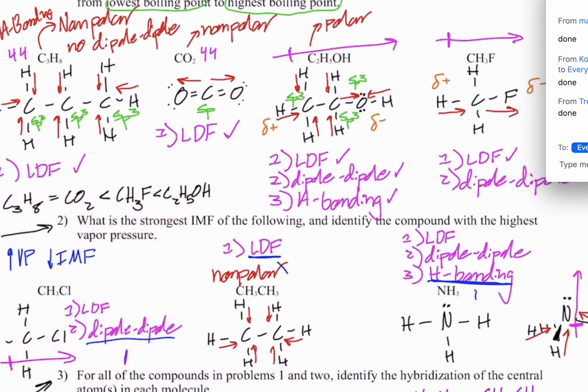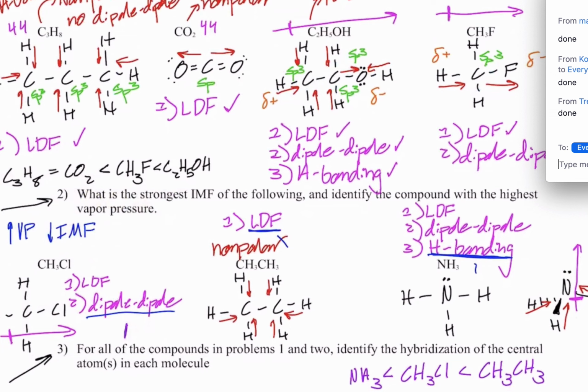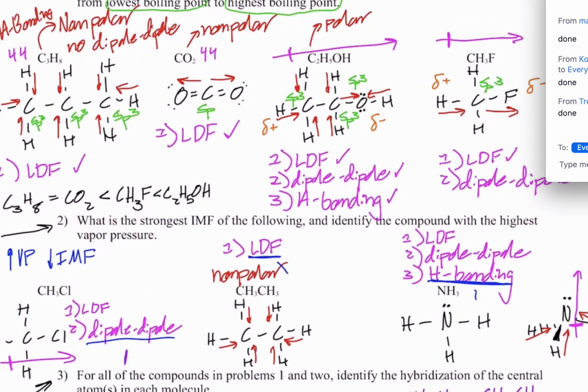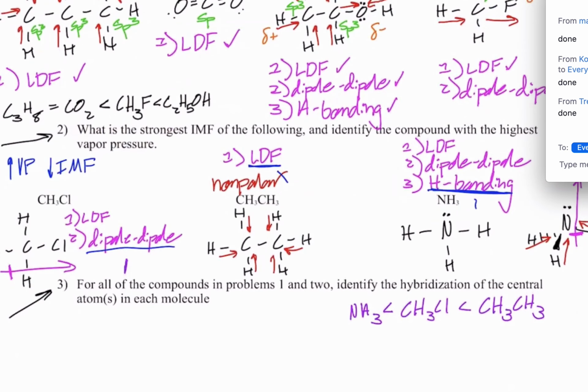Okay, so moving on to CH3F, there's only 1 central atom and it's the carbon, and so that one's going to be sp3 hybridized. So that's the hybridization for number 1, and then for the molecules in number 2, starting with CH3Cl, that carbon is also sp3 hybridized. And then for CH3CH3, both of those are sp3.